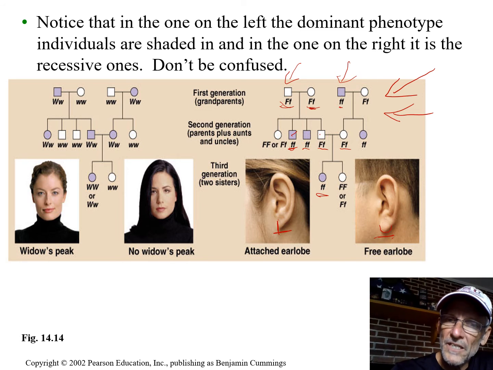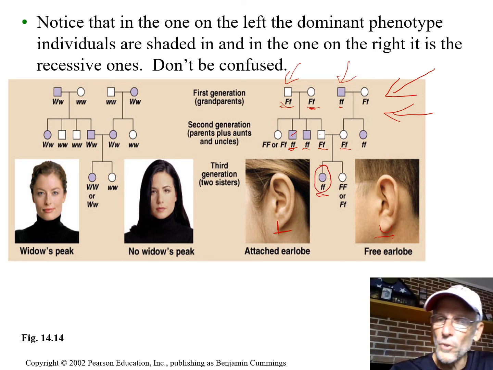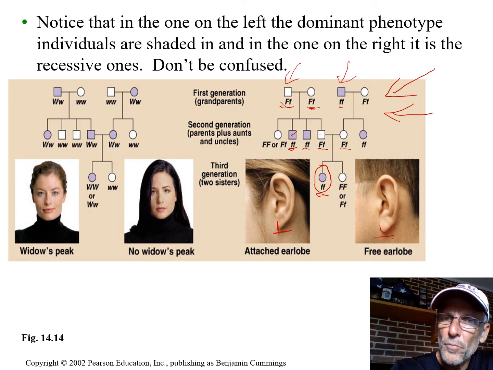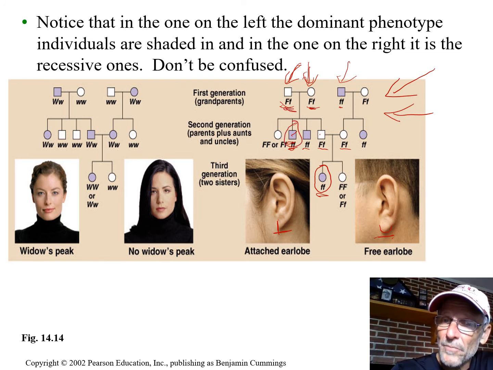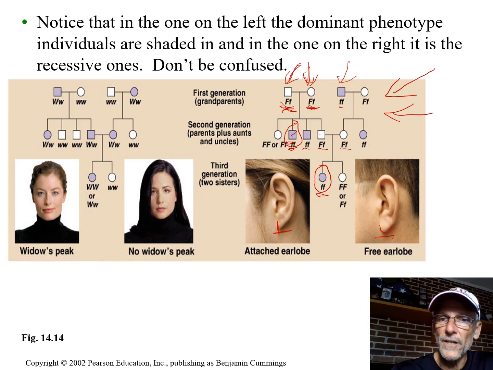What this means is that the trait symbolized by the filled in circle or square has to be recessive. Why? Because if two parents had the same trait and that trait was recessive, all their kids would have to be recessive. They can only have recessive kids if all they have is recessive genes. So since these two parents with the same trait had a kid with a different trait, that means two things. This trait has to be recessive, and it also means they have to be heterozygous.